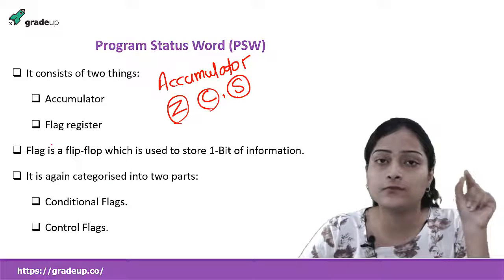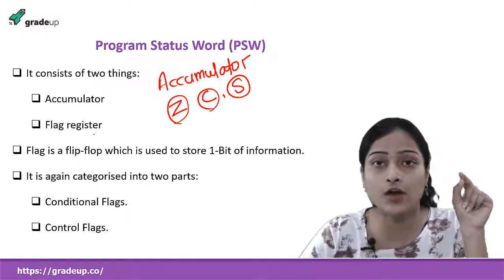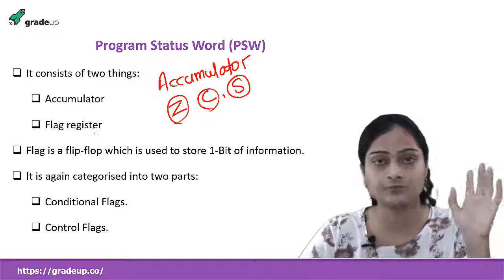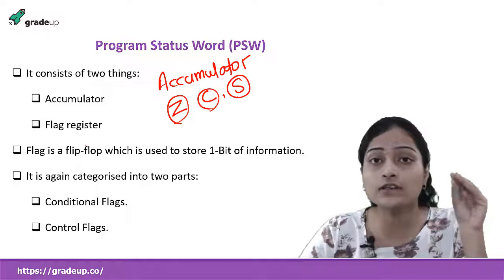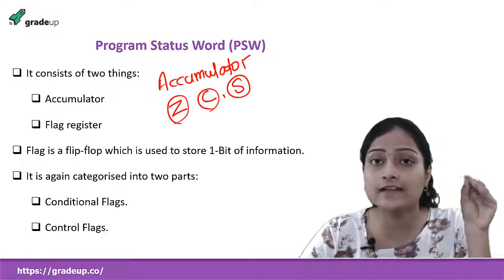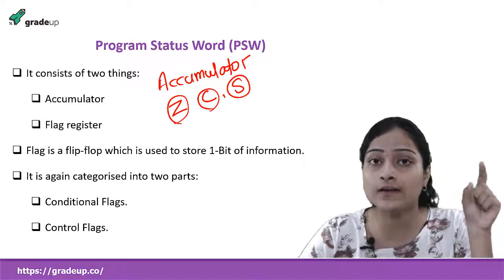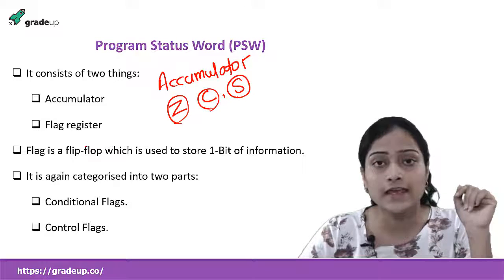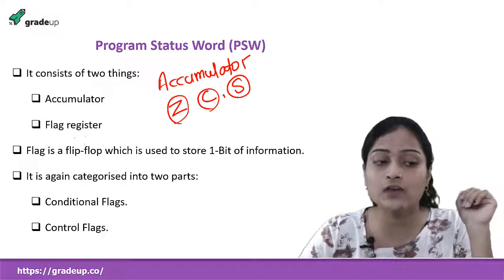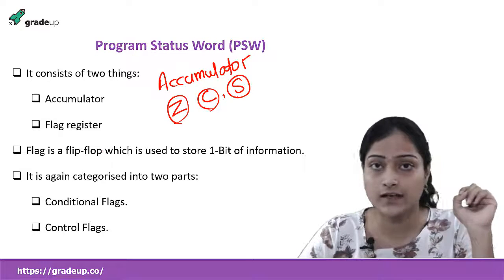Now flag register is the group of those flip-flops, as we have studied register in digital logic, where we form a 4-bit register by combining or cascading 4 flip-flops. Here also the same procedure has been carried out. So flag register is the combination of some flip-flops which is used to store some bits of data.